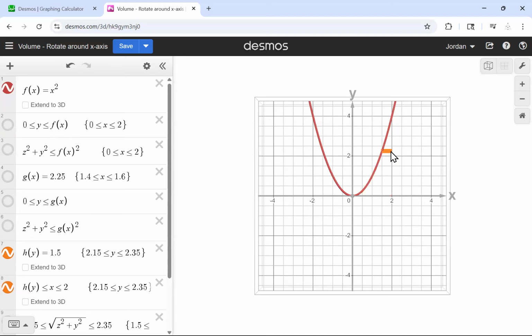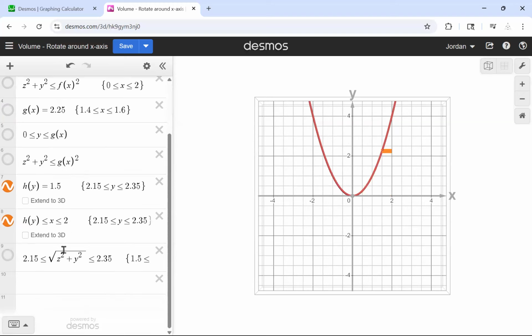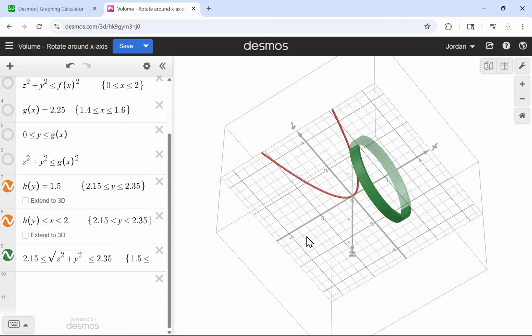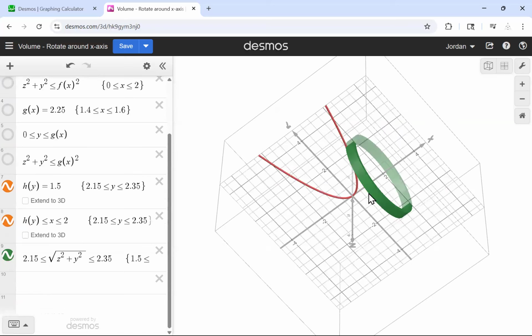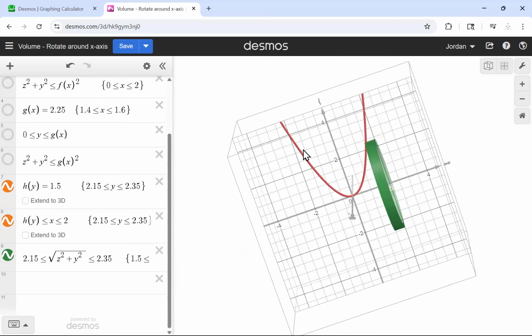So I'm going to have a rectangle like this. If I rotate that rectangle, what I end up with is a small tube, which we refer to in math as a shell.